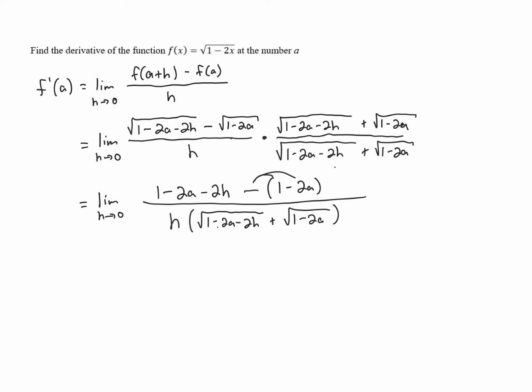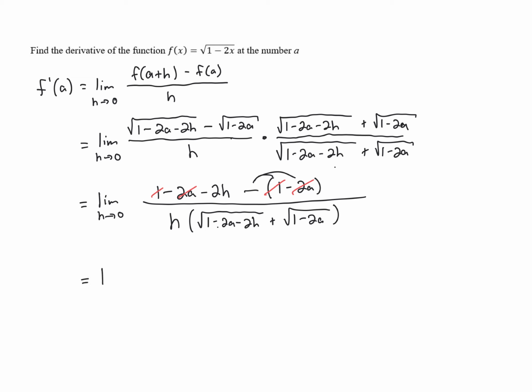So in the numerator, we're going to have to distribute those subtractions. And what's going to happen is we're going to have a negative 1 here and a positive 1. They're going to cancel. And subtracting a negative is going to turn this into a positive 2a, and it's going to cancel with that negative 2a. So in the end, the 1s are going to cancel, and the 2a's are going to cancel, and we're just going to be left with this negative 2h, which is beautiful.